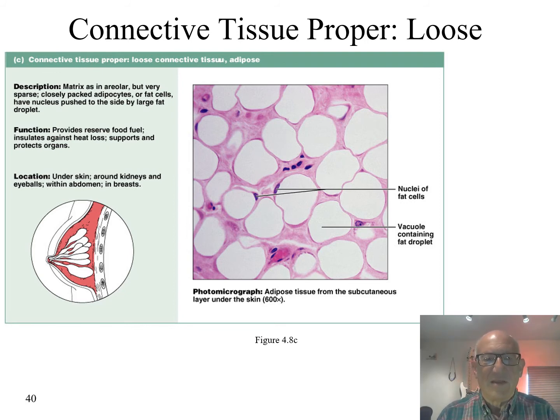The cytoplasm of the cell is kind of squashed up against the cell membrane, and also you can see the nuclei here kind of squashed up against the membrane. So these areas in between that are all white are areas where the fat deposits are stored.